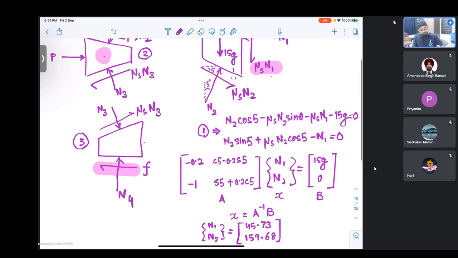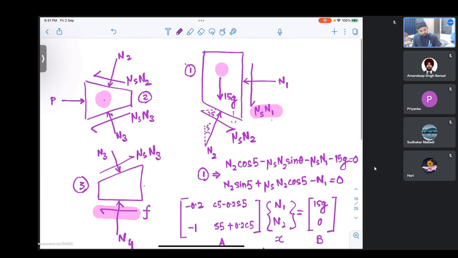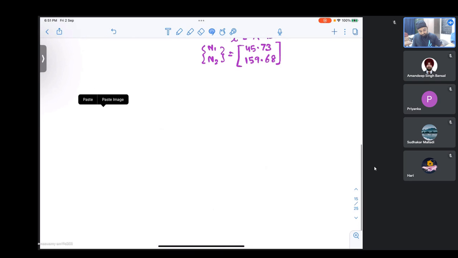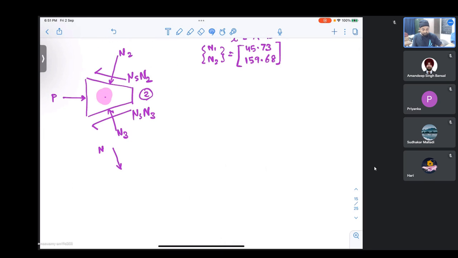Now we'll move on to the second free body. If I can just copy this, put it here. Now for the second free body, we'll write the equilibrium equations again.